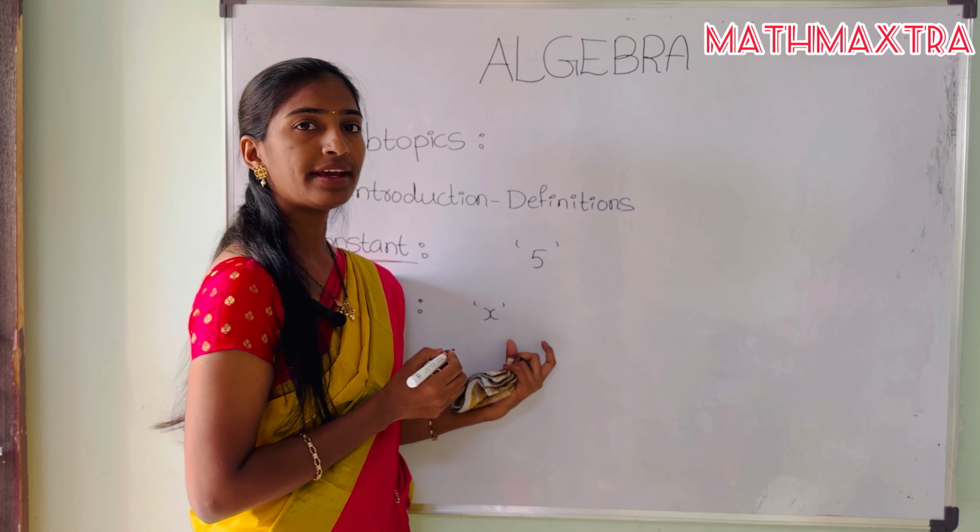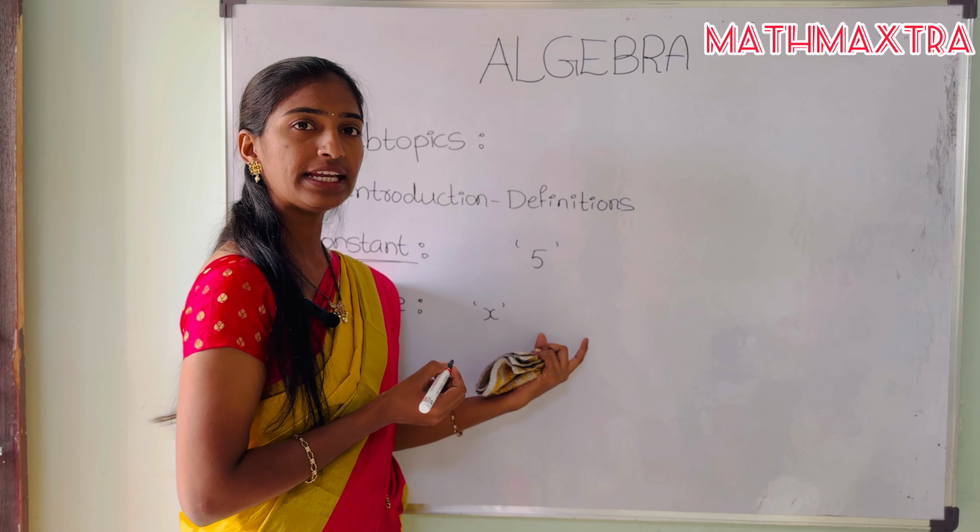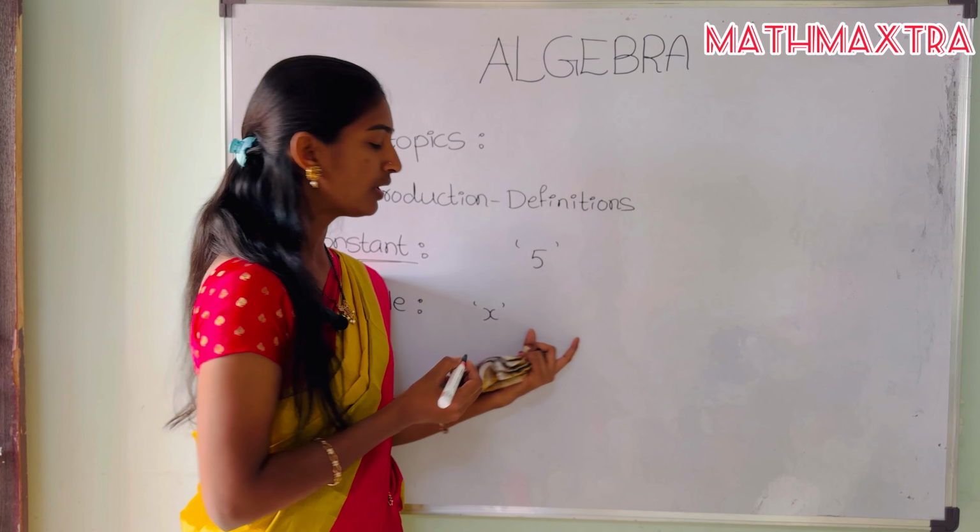If I take this x value as any number, I consider this x value as 3. But someone else considers this x value as 5. Because he needs x equal to 5, and I need x equal to 3. So depending upon the situation, this value is changing. That is why we call this alphabet a variable.